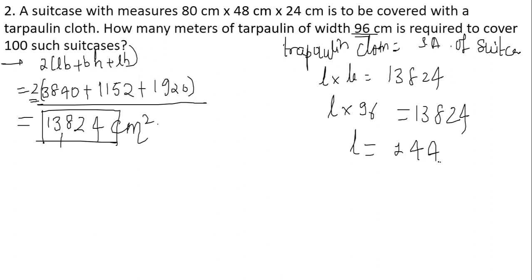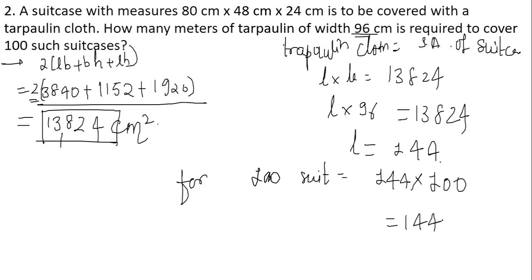Now the required tarpaulin for 100 suitcases will be length 144 into 100. This will give us 14400 centimeter. If I convert this into meter, I divide by 100, and we get 144 meter.